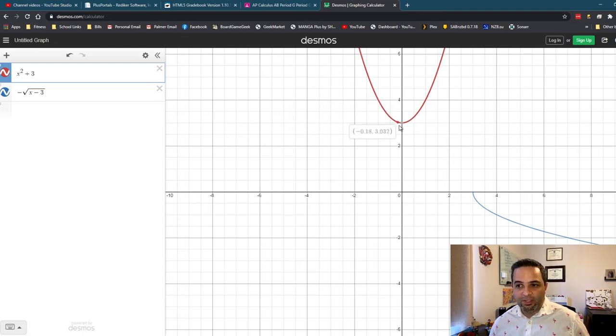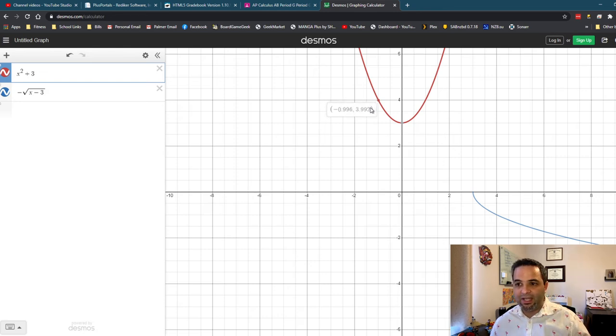So I'm going to use the trace feature here to grab some points. I see -1, 4. That's a point on the original function f. So remember, if we're graphing the inverse, the point has to swap. The x and y's change position.